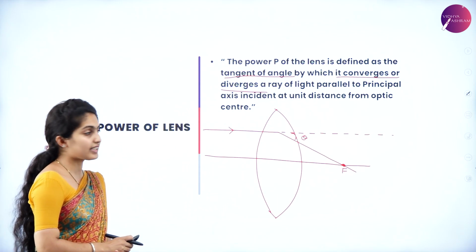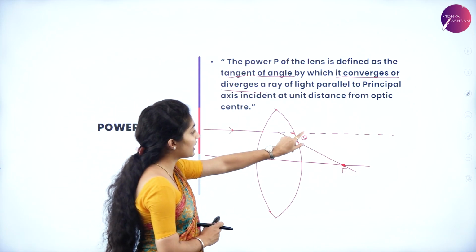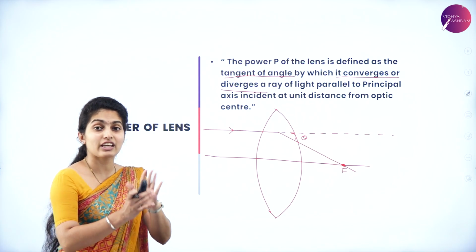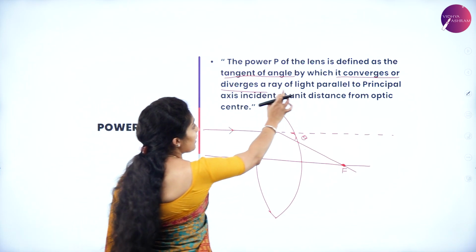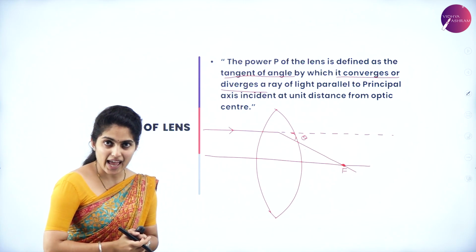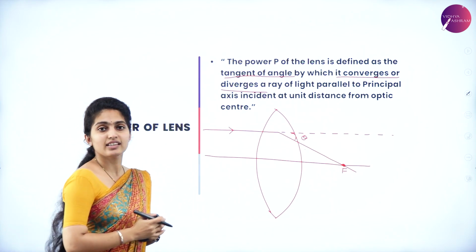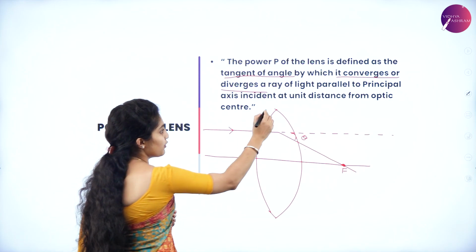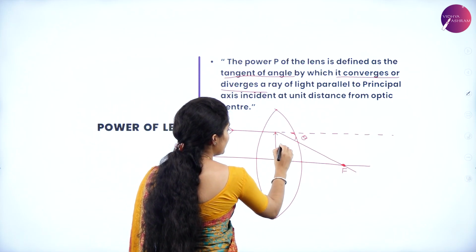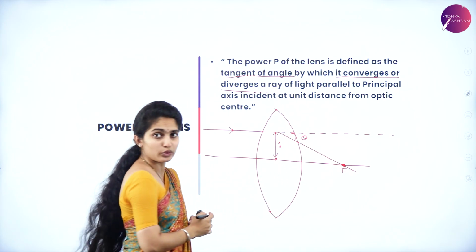The power of the lens is defined as the tangent of an angle by which it converges, or in case of concave it diverges, a ray of light which is parallel to the principal axis and incident at a unit distance from the optic center. So here this distance is said to be 1. This is the unit distance.